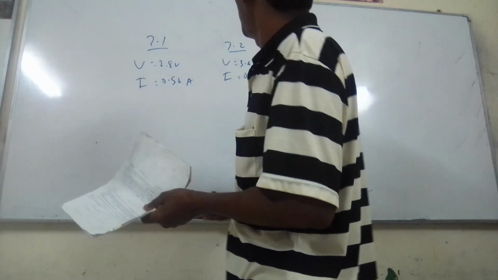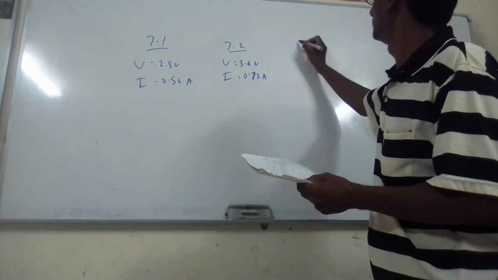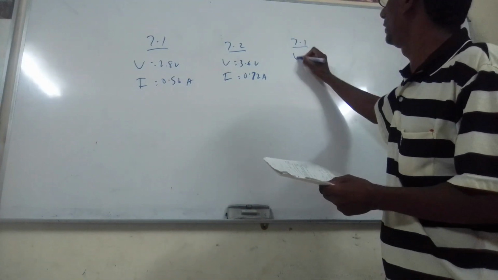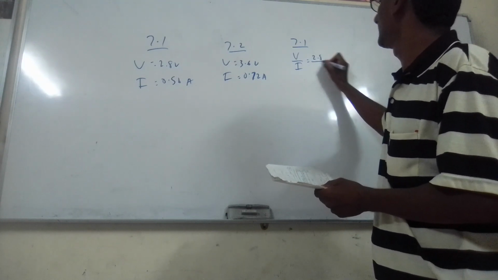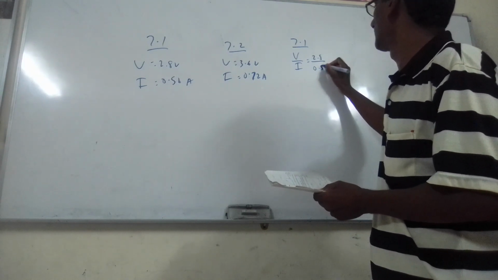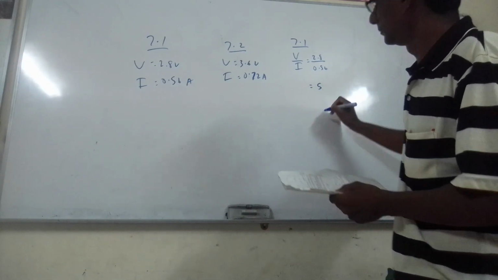So in 7.1, V over I: V equals 2.8 and I equals 0.56, so V over I equals 5.